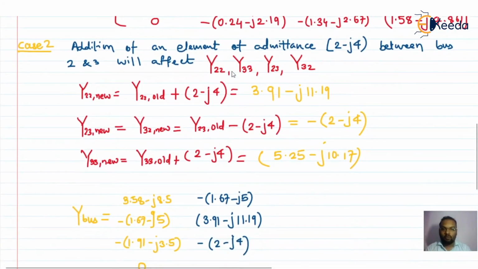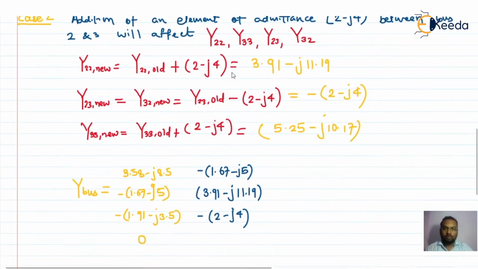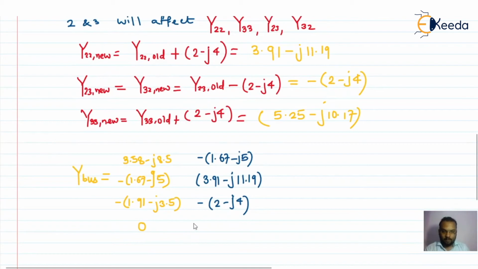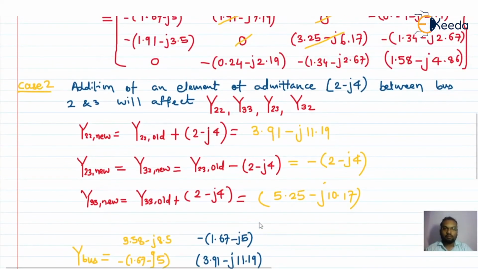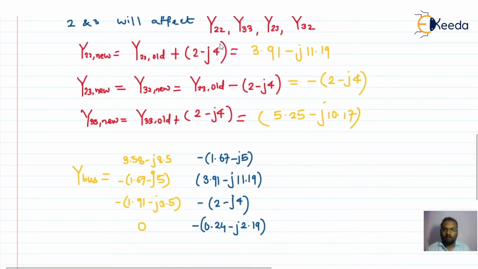It is minus of 0.24 minus j2.19. These values will remain the same as it is symmetrical. Here minus of 1.91 minus j3.5 will come. Here this entry, minus of 2 minus j4, will come.